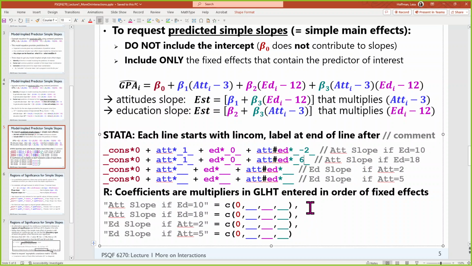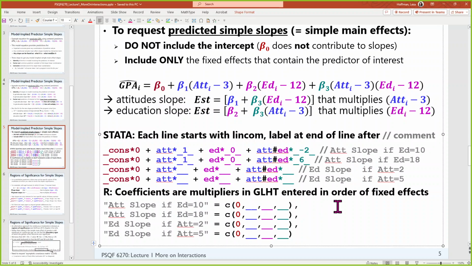In your output. Okay, I've made this mistake. I like to include interaction terms right after their main effects and then maybe more predictors. And whenever I do that, R rearranges it so interactions are always last. I have not found a good workaround for that, although I believe it to exist. I just haven't found it. So it's the same numbers that we're going to put in these little blanks.